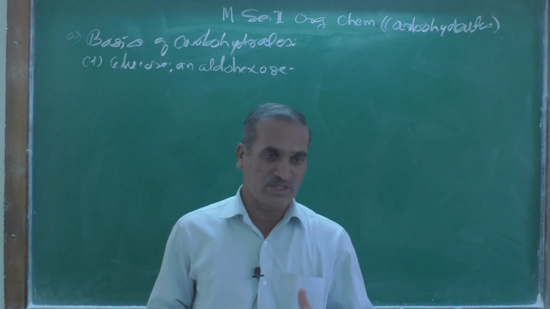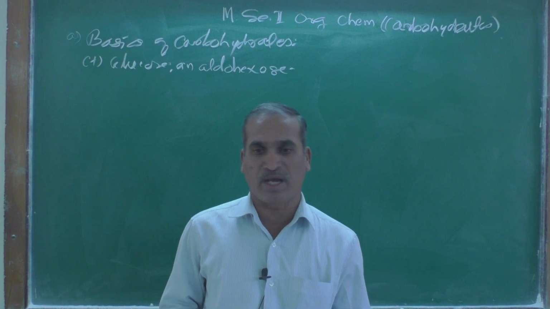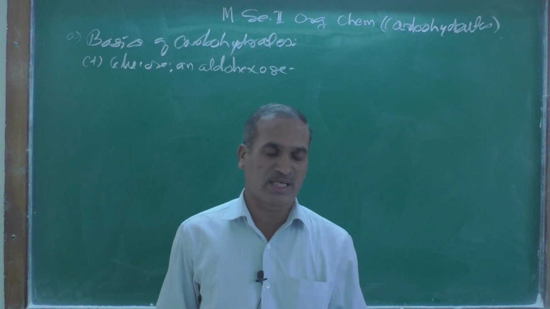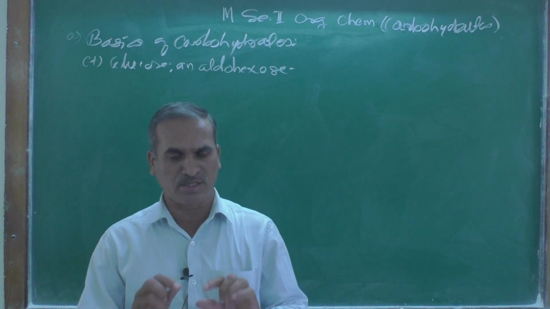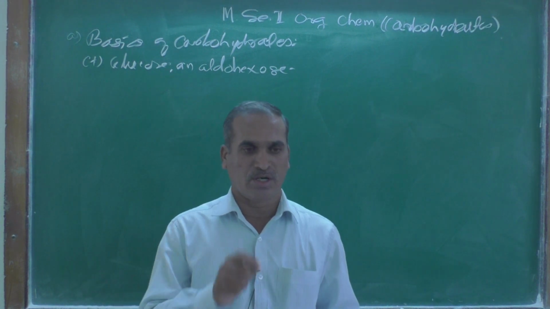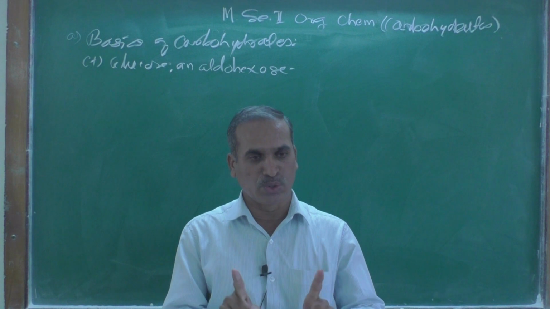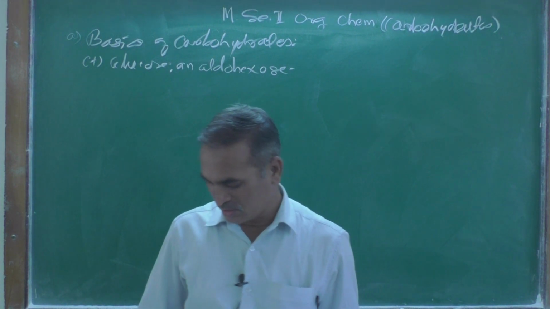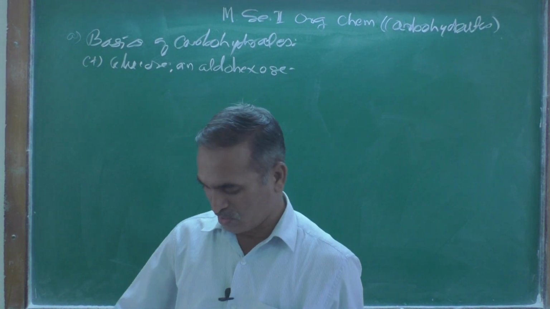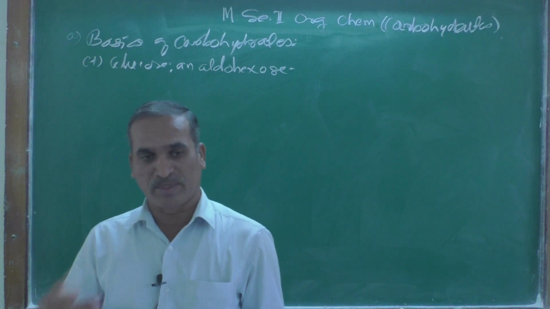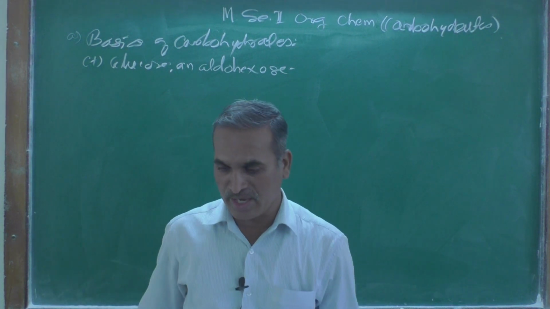If the OH is on the left-hand side, we call it L configuration. These are the simplest notations, the nomenclature system used for assigning the configuration.